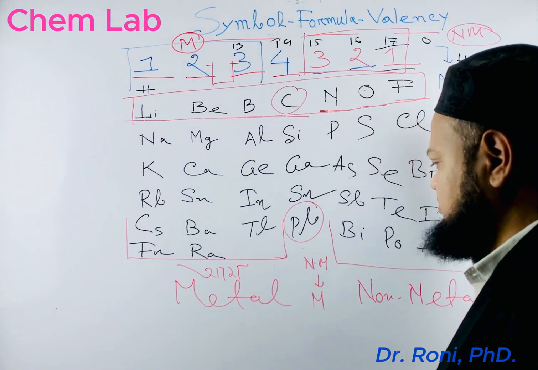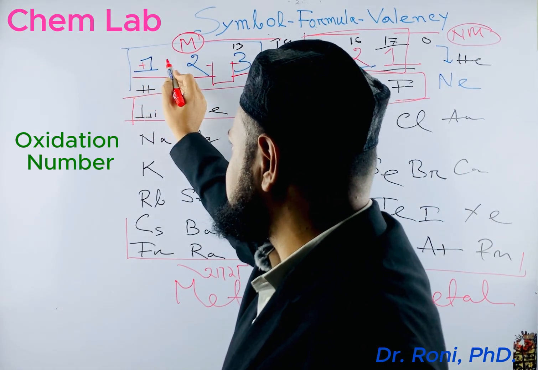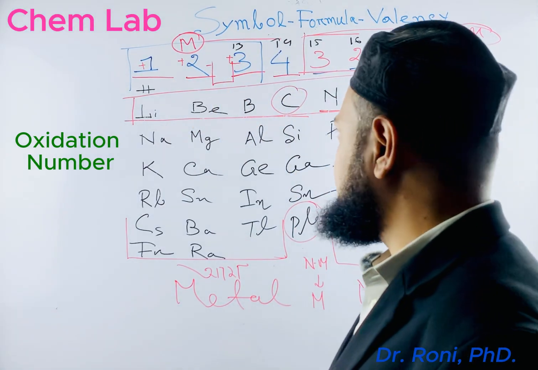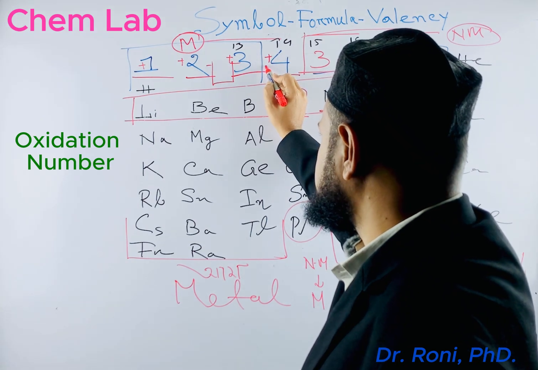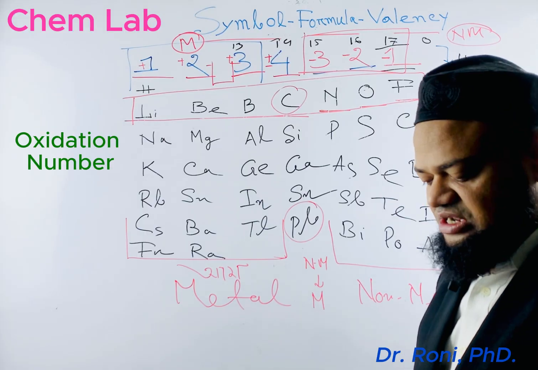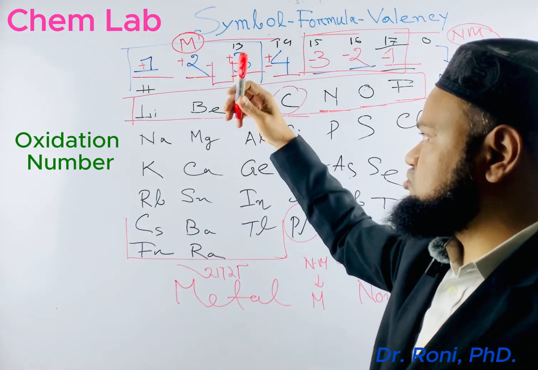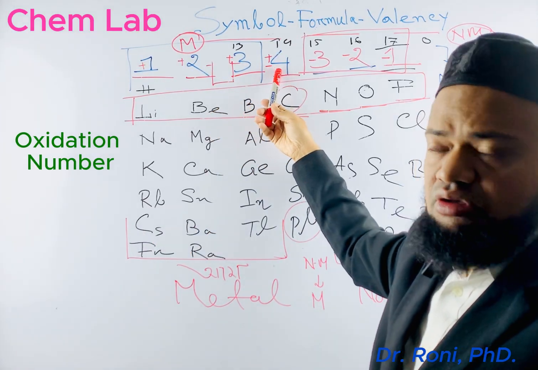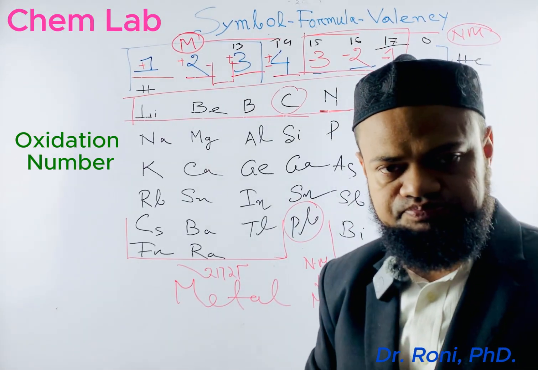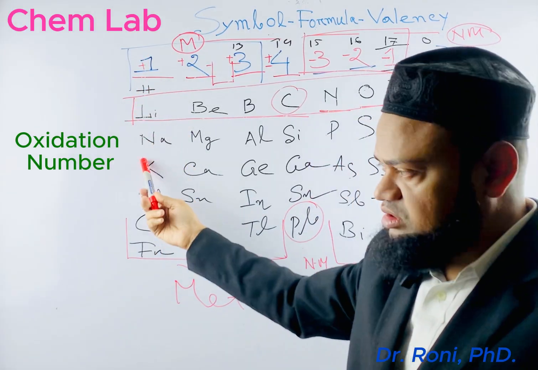If we consider the oxidation number of all these elements, you can find plus, plus, plus, plus, minus, minus, minus, minus. Clear? So plus 1, plus 2, plus 3, plus or minus 4, minus 3, minus 2, minus 1. That means their oxidation number is plus 1.